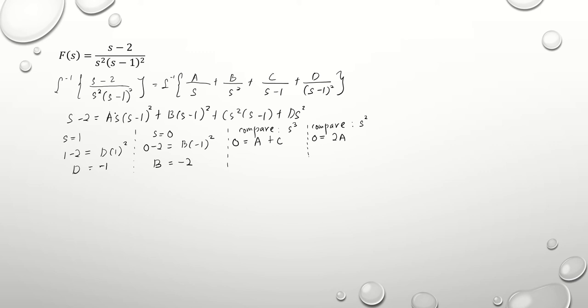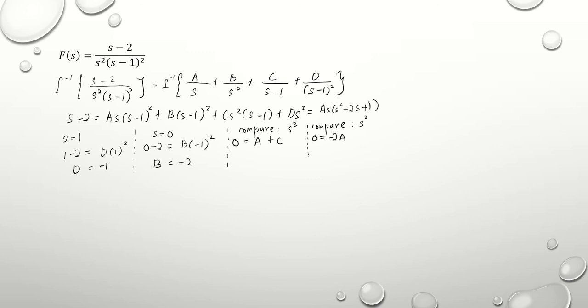For this part you don't have s square. For this part, when you expand it, s square minus 2s plus 1, your coefficient of s square is negative 2A.